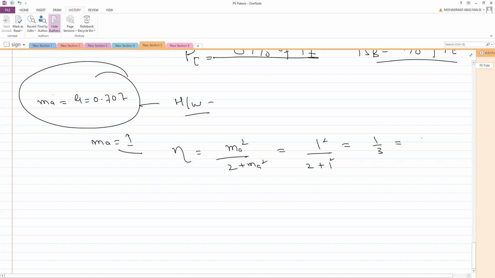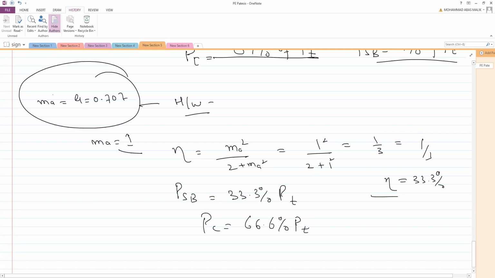So this is equal to 33.3%. So total sideband power in this case will be 33.3% of total power, and carrier power will be the remaining 66.6%. We saw this last case just now, right? Yes, sir. Okay, now we can do a few questions, we will see them tomorrow.